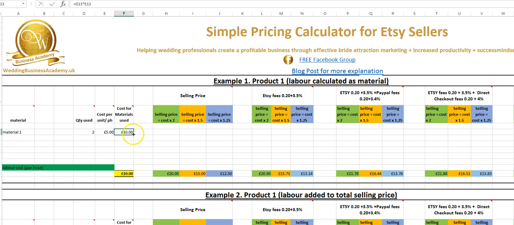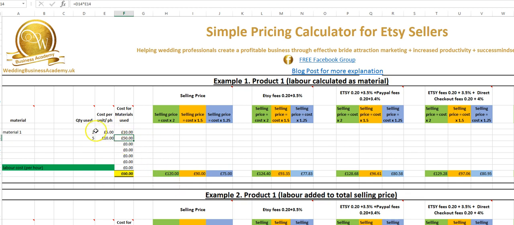And to fill the formula into the remaining cells, you move your cursor here until it's a little cross, then click and drag, and click enter. So if you enter, let's say, I use five materials at £10 each, and click enter, it gives me £50. So it does the calculation for you. That's what's great about spreadsheets.